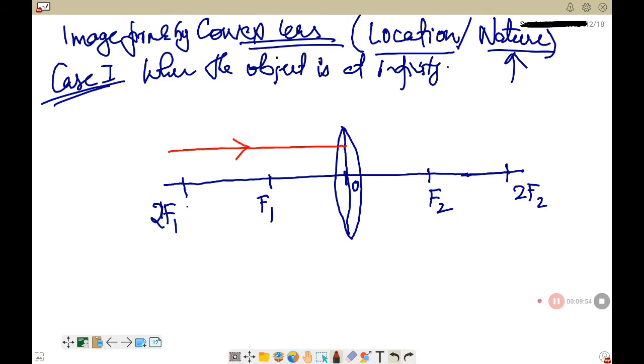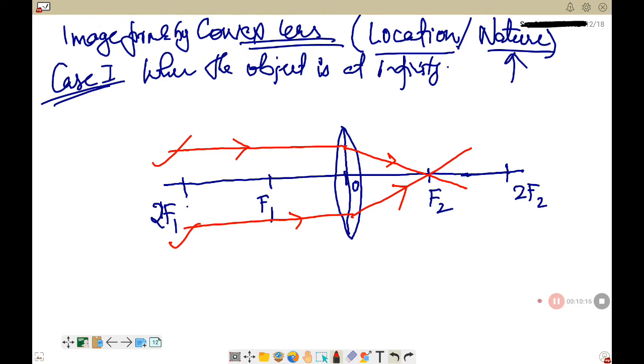So I have a ray like this. Now I have a ray which is parallel to the principal axis, and as I've taught you, the rays which are parallel to the principal axis, after refraction will pass through the second focus for the convex lens. So it is actually meeting at a point.